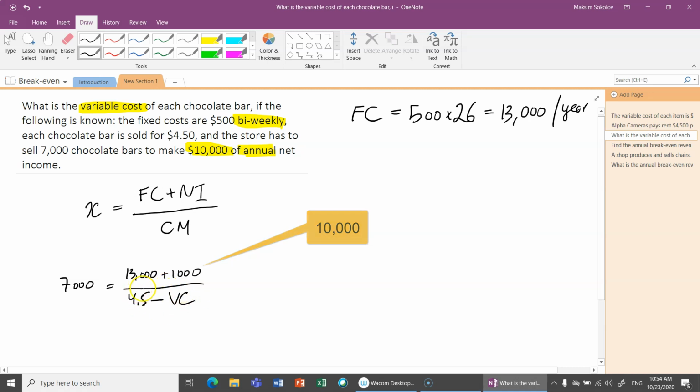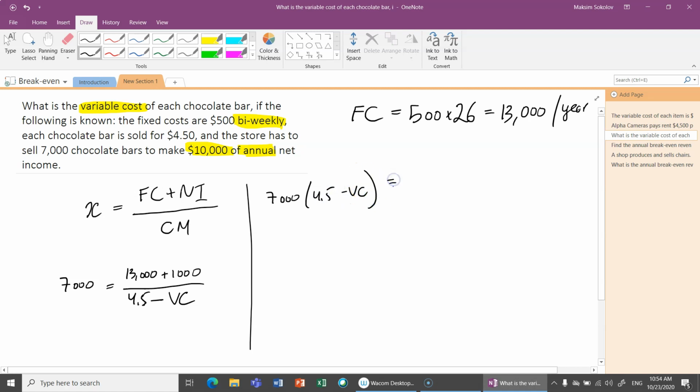So from this equation, we need to find variable cost. So how do we solve that equation? Well, we'll multiply both sides of this equation by the denominator here. So 7,000 times (4.5 minus VC) equals 23,000.